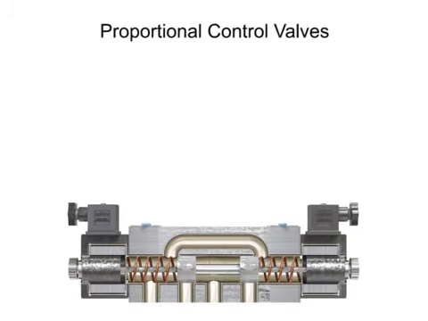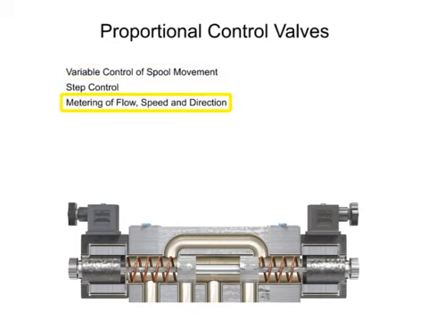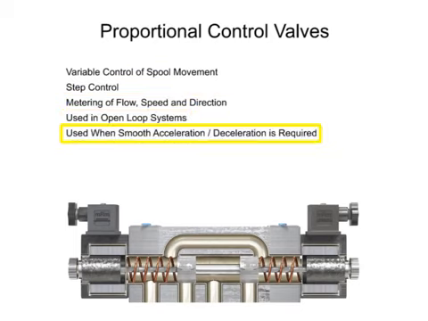Proportional control valves allow for variable control of spool movement, which allows more step control and metering of flow, speed, and direction. Most valves of this design are used in open-loop systems to smoothly accelerate and/or decelerate an actuator or cylinder.